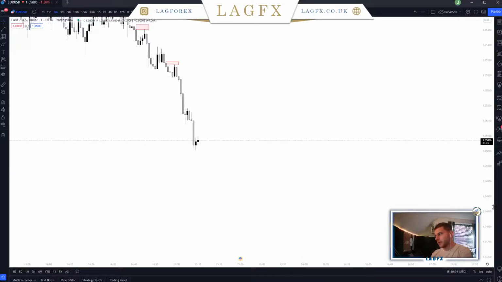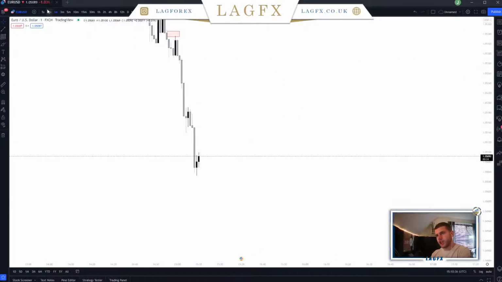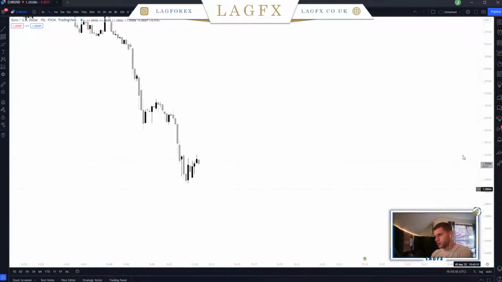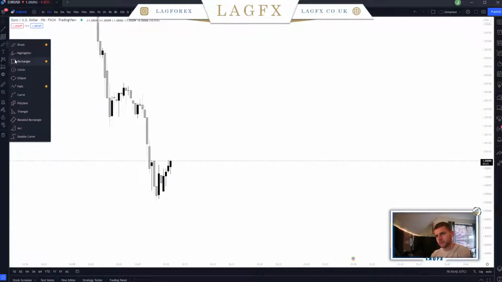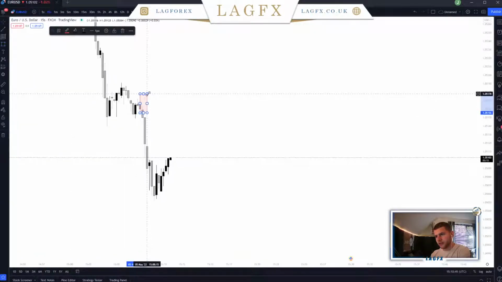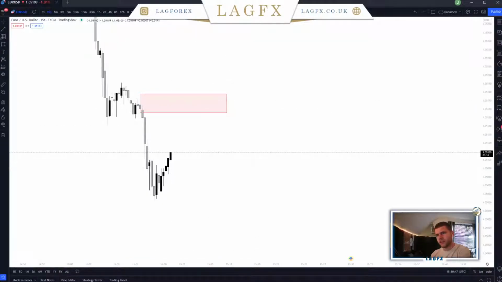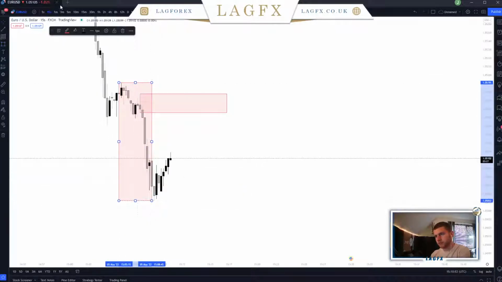I think from here, if we had to look for potential trading opportunities, I would be doing so by identifying this buy to sell candle, because if we were to use a 3-box strategy, we're saying that this is an impulsive wave down.